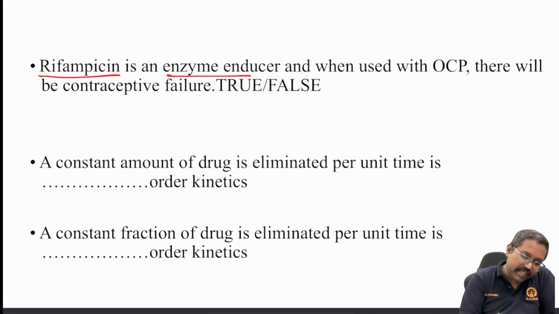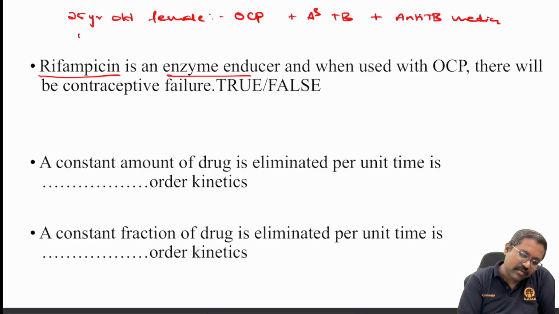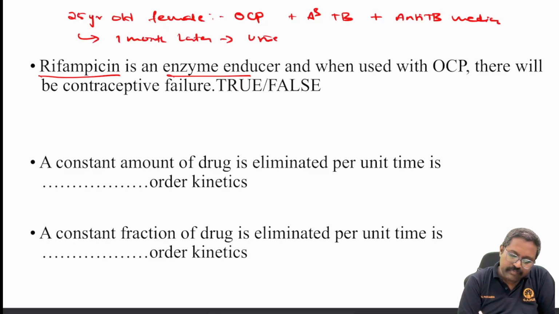If, for example, a 25-year-old female was on oral contraceptive pills, and suddenly you diagnose her with tuberculosis, and doctors add the anti-TB medications. Following that, 1 month later, the urine pregnancy test is positive. So what could be the reason?